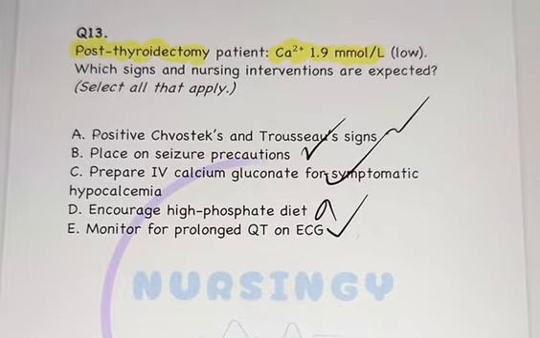Life-threatening arrhythmia. Which kind of arrhythmia can happen in hypocalcemia? AFib? TDP, torsades de pointes. We don't want to go into that one. The patient can go easily into cardiac arrest.